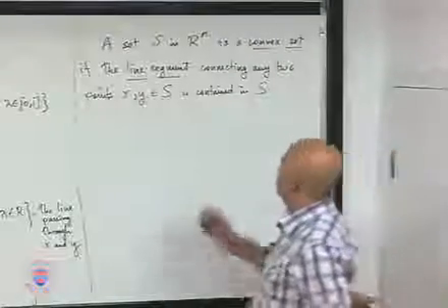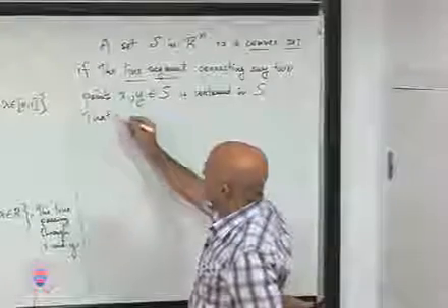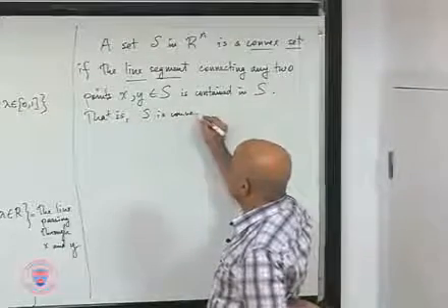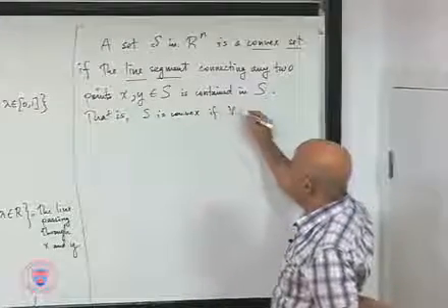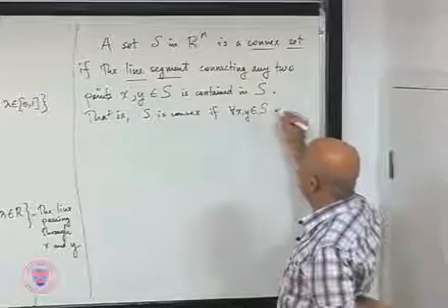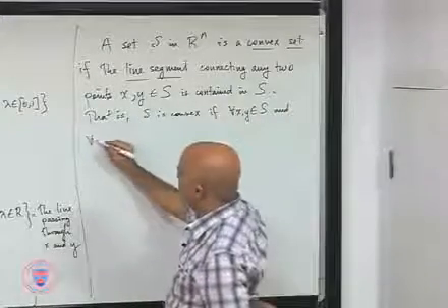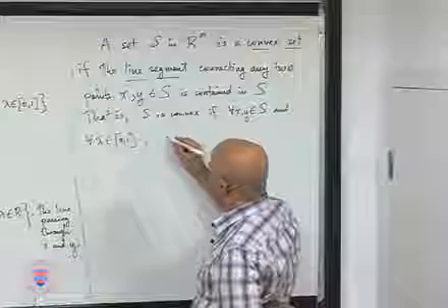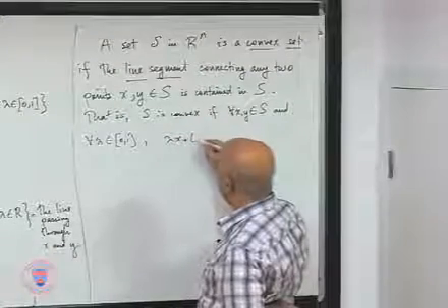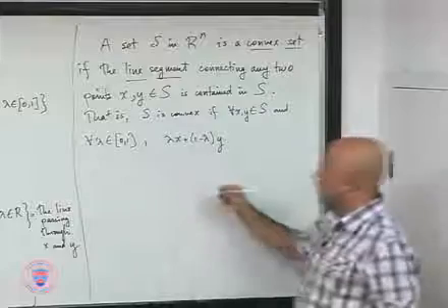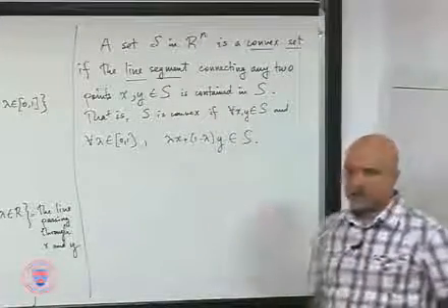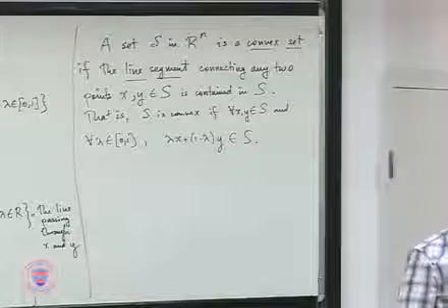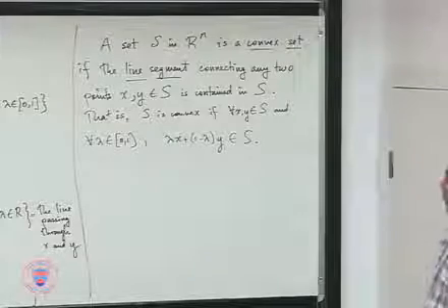All right, so that is, S is convex if for every x, y in S and for every lambda in [0, 1], the point lambda x plus 1 minus lambda y, your convex combination, is also in S. The second one is more mathematical. You know, it's more compact. The first one is plain English.